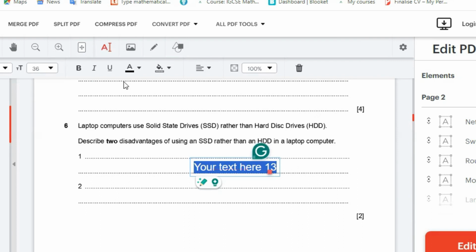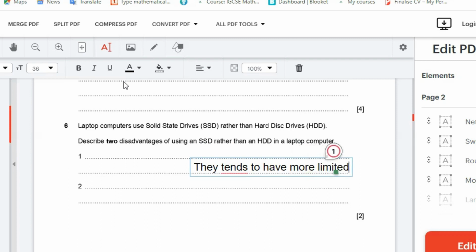Number one, yes, they tend to have more limited number of reads and writes.